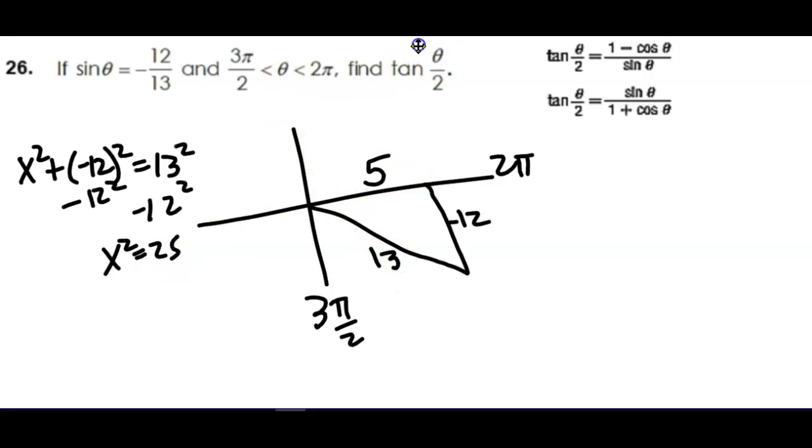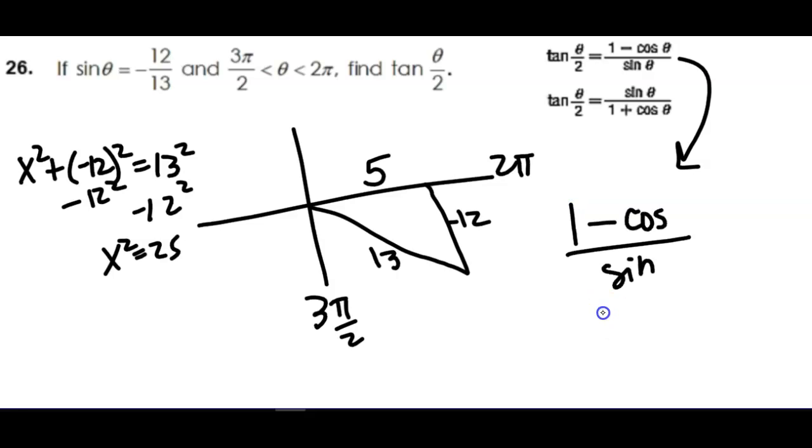And now we're supposed to find the tangent of theta over 2, so we have to pick one or the other of these. I think I'm just going to use the top one. So we would have 1 minus the cosine over the sine. So we have 1 minus the cosine right here is adjacent over hypotenuse, divided by the sine, which is opposite, that's a 2, over the hypotenuse.